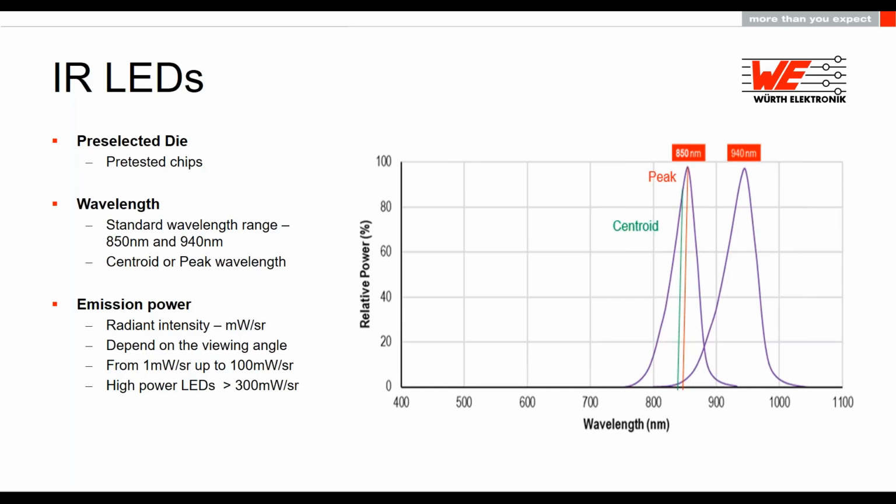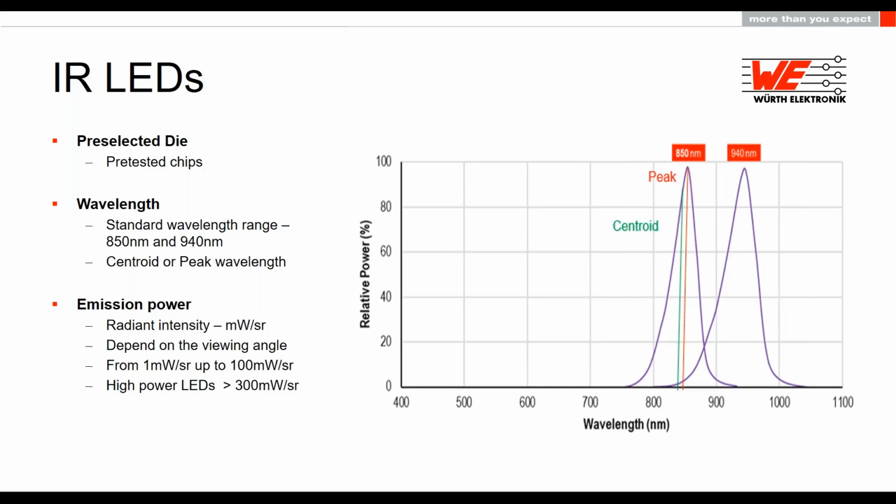And due to the high variety of chips and packages, we can offer different power output ranging from 1 milliwatt per steradian up to 100 milliwatt per steradian. This also depends a lot on the viewing angle of the product and not only the chip.